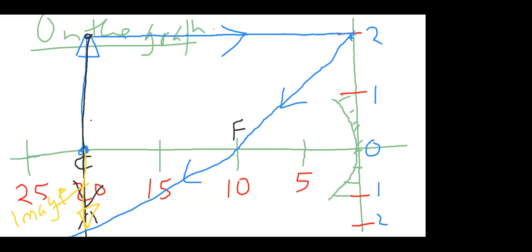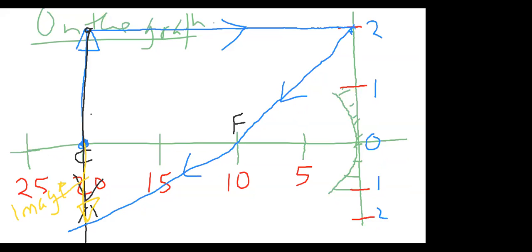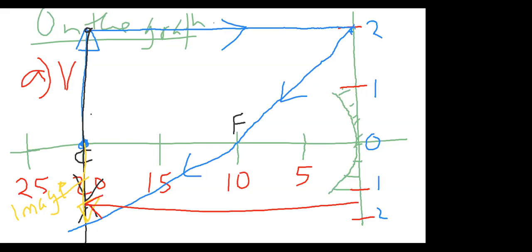So in case you're through, let's now answer the question. Part A was saying to use a scale diagram to determine the position. For part A, they want us to tell the image position. In other words, what is the distance of the image from the pole? So I'm going to count the centimeters from this point up to that point. And from that information, we can tell our image position.